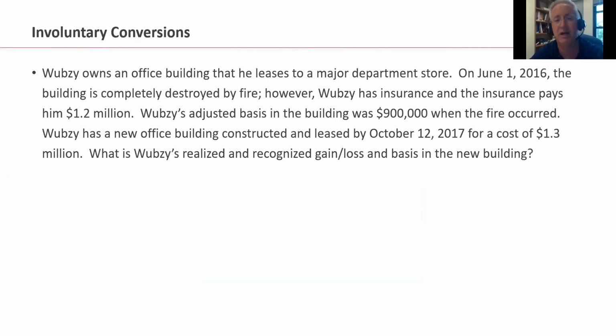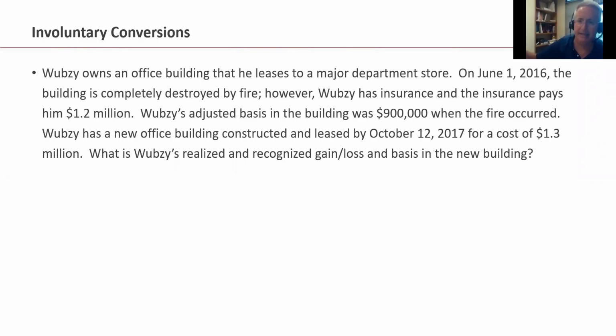All right, so Wubzy owns an office building, one that he leases to a major department store. On June 1st of 2016, the building is completely destroyed by a fire. But Wubzy has insurance. He's not dumb. And the insurance pays him $1.2 million. So as it stands right now, Wubzy had a trade or business building.